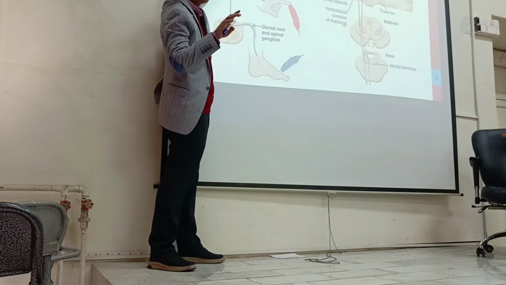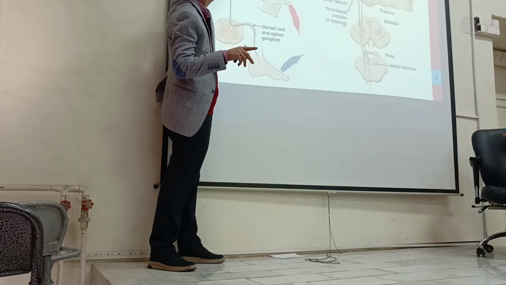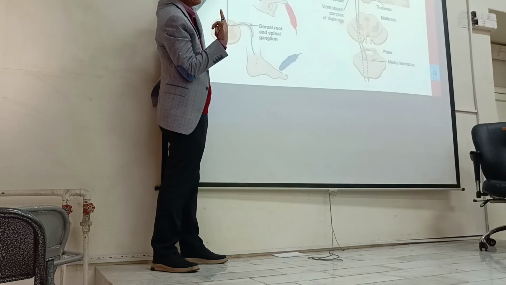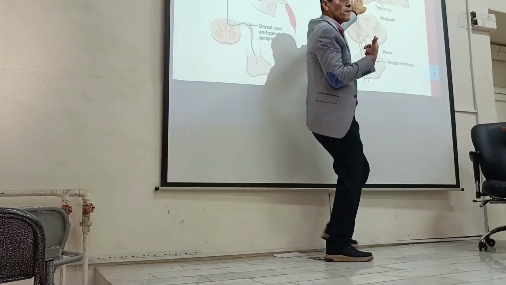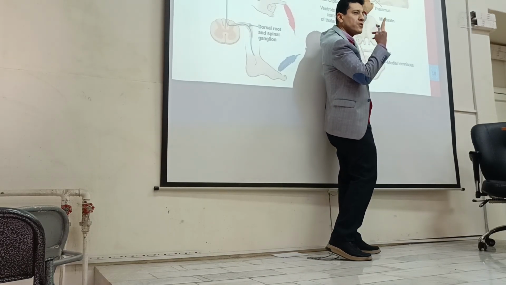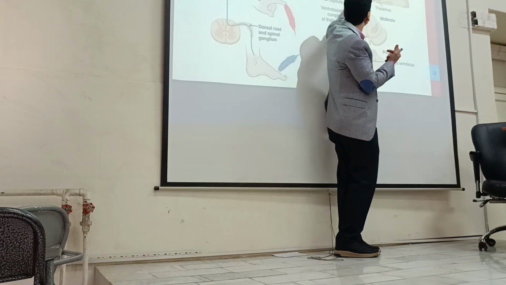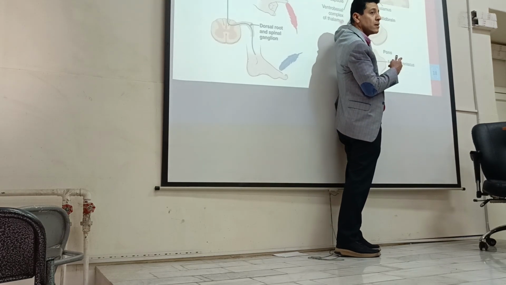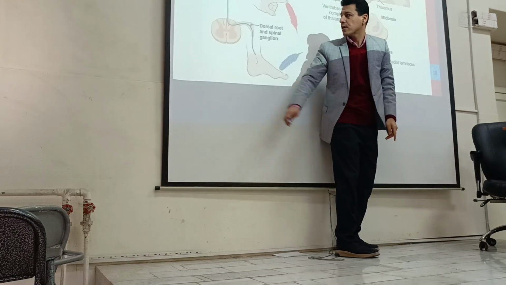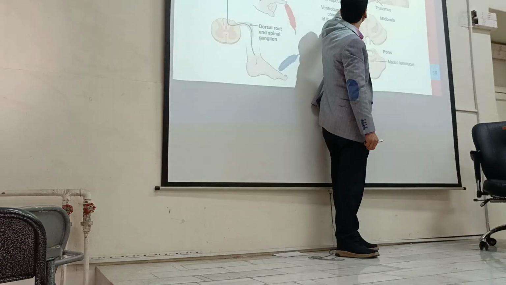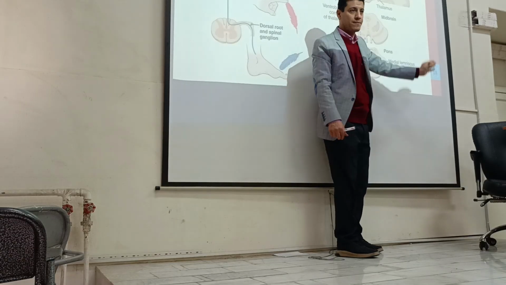Fibers that originated from the fingers are located medially, fibers from the leg are located laterally. They go to the thalamus. From thalamus to cortex, again orientation changes. Fibers from the leg go to the medial side, similar to this spinal cord. Fibers from the hand go laterally.